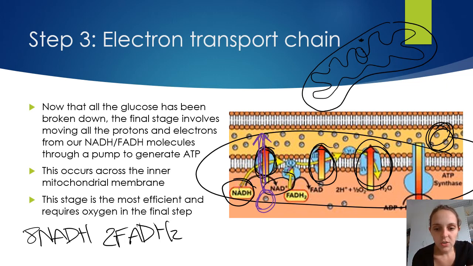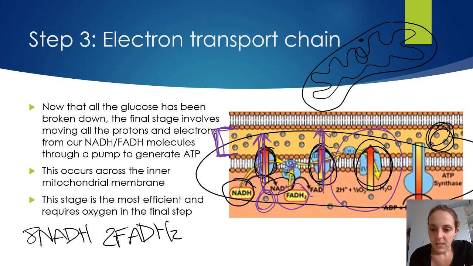So the 2 electrons actually pass through these proteins. At the same time, our FADH2 is being turned into FAD. So it's removing 2 hydrogens, and they're going to pump across into the intermembrane space. The whole purpose of this is we want to establish a really high concentration of H pluses on this side of the membrane to make a really high concentration gradient.